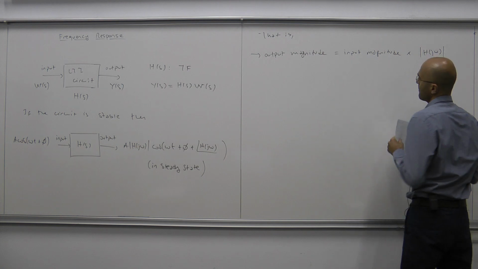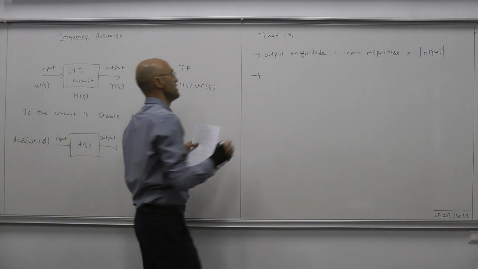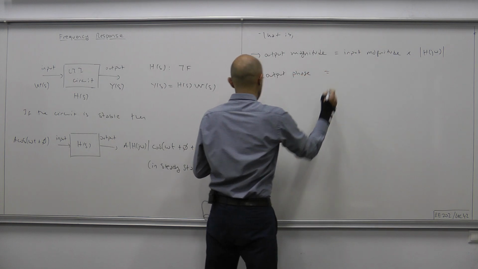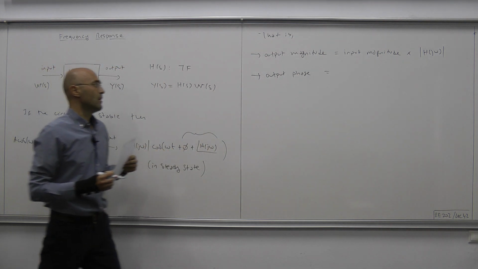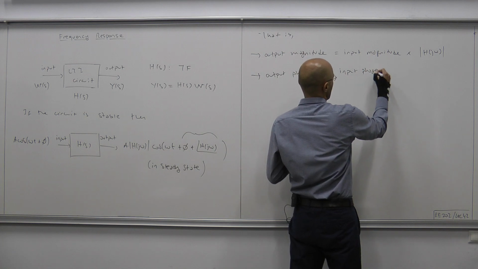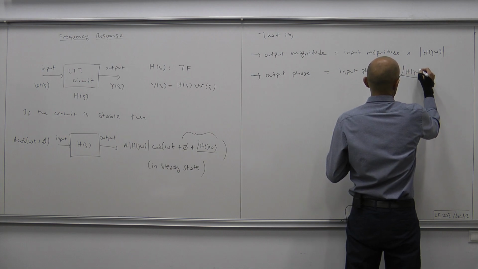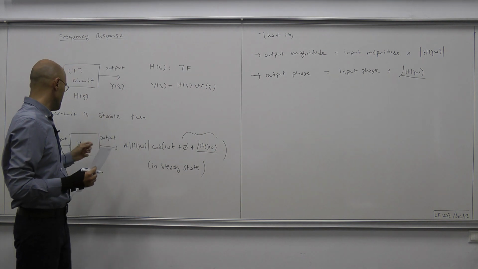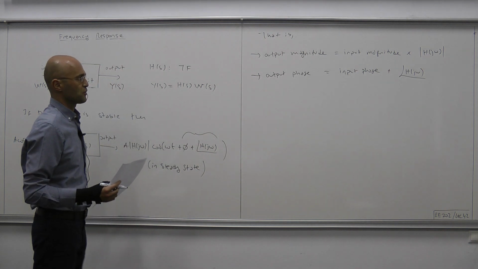As for the phase of the output, by output phase we're talking about this quantity here. Output phase equals input phase plus the phase of the transfer function evaluated at s equals j omega, and once again omega is the frequency of the oscillations of the driving force of the input.